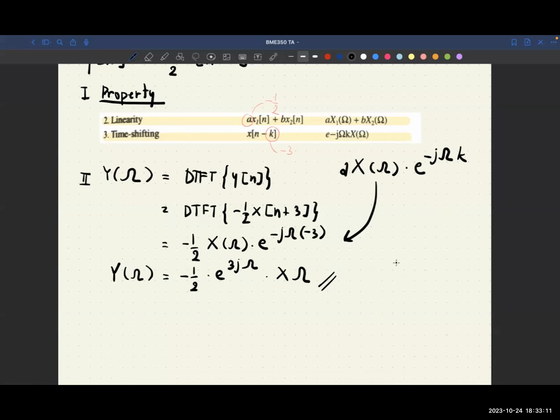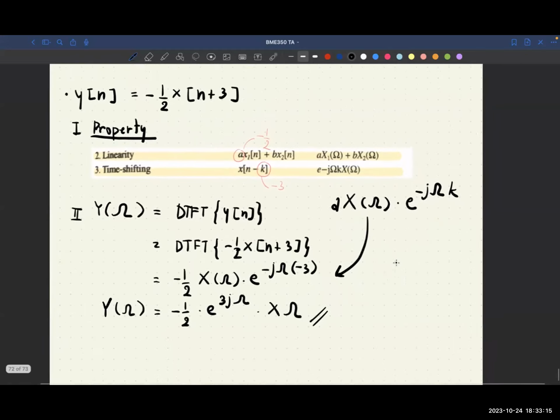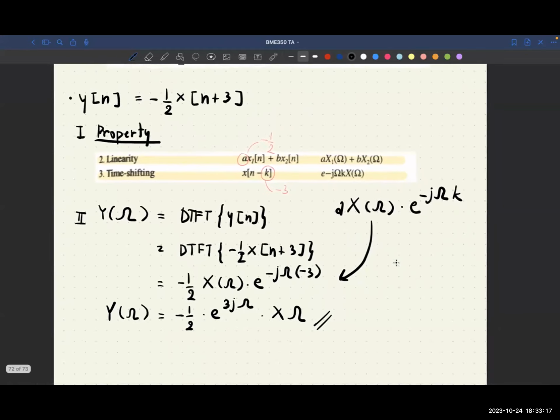I was just going to ask, in the time shifting, there is an X with that symbol there. So do you not put that in there? Oh, it's the same thing here. It's the same X(omega). Oh, so you only need to put it once? Yeah, we merge them together. Oh, okay. Thank you.